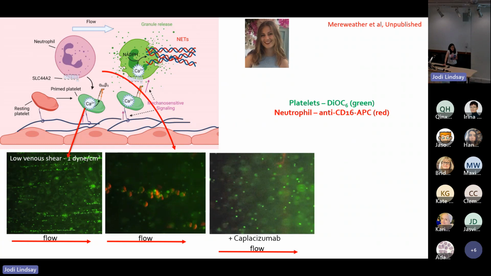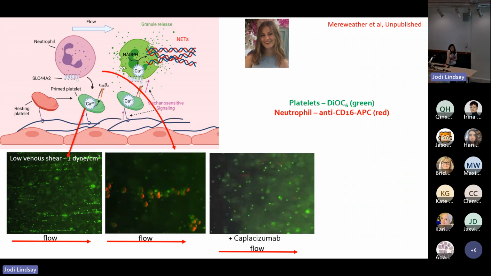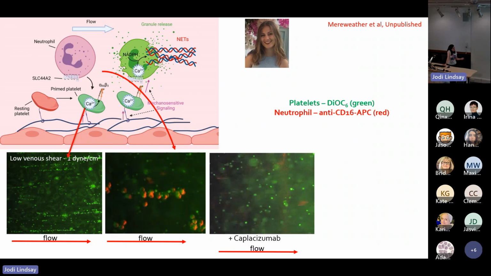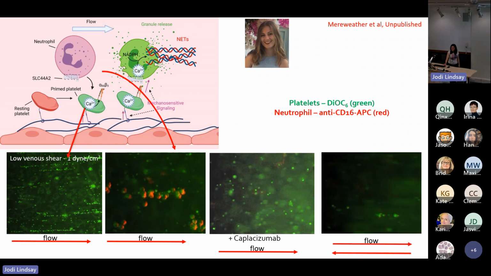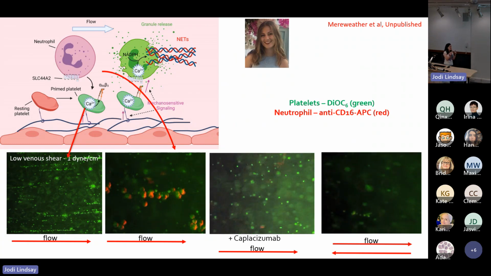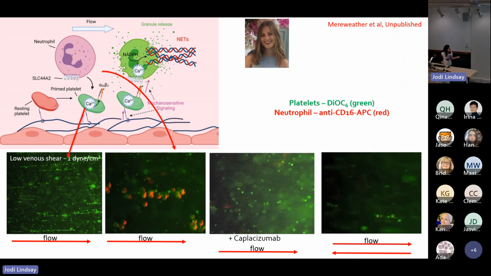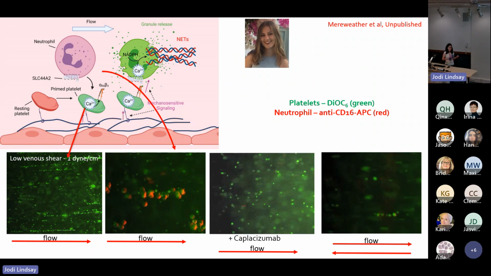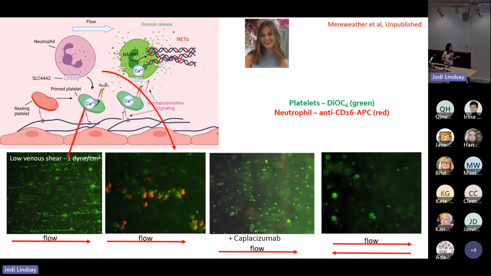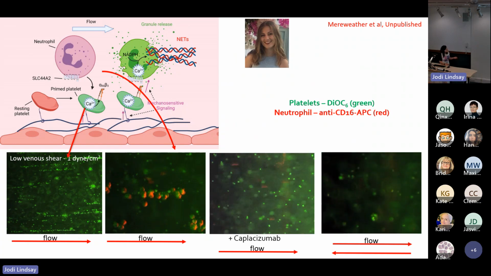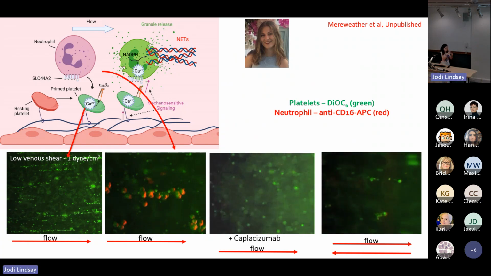When you use a blocker of the VWF-A1 GP1B alpha interaction, you abolish those interactions. Another cool thing she's been doing is to mimic the disturbed flow in those valves using oscillatory flow back and forth. Then you can see that these VWF cables become entangled.